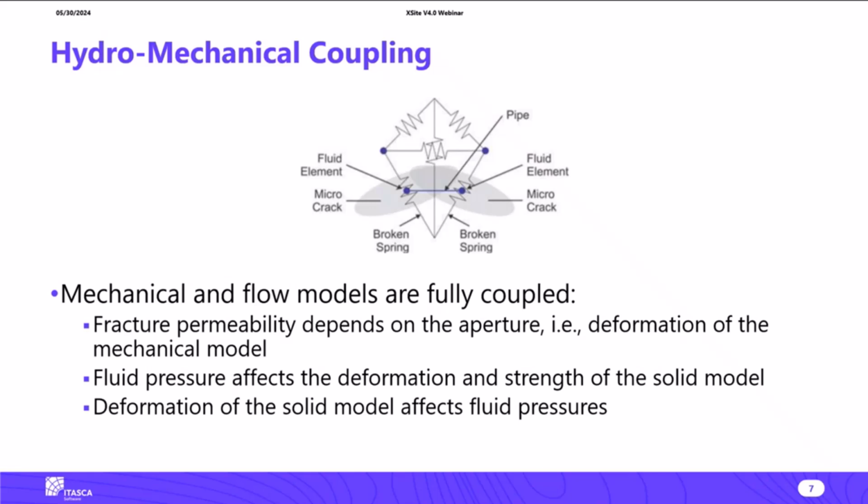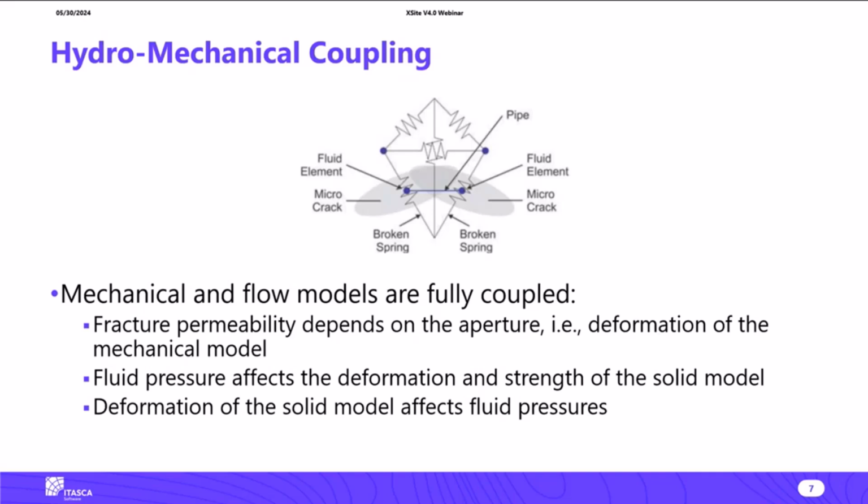When we say that ExSite is fully coupled hydromechanically, what that means is that the deformability and the permeability of the fracture depend on aperture, which in turn depends on deformation of the mechanical model. The fluid pressure acts as a loading on the solid model, affecting its deformation and strength.